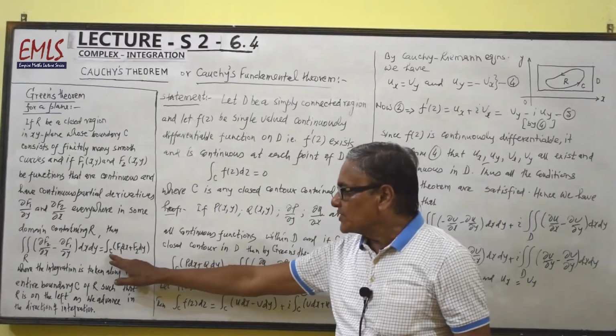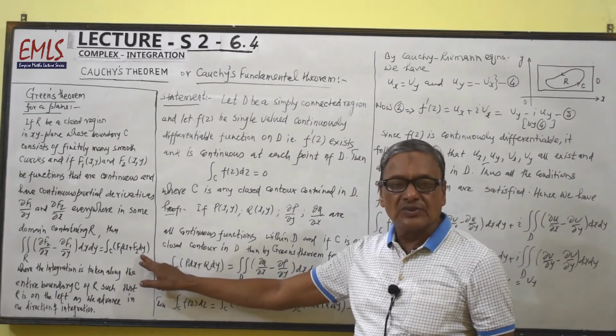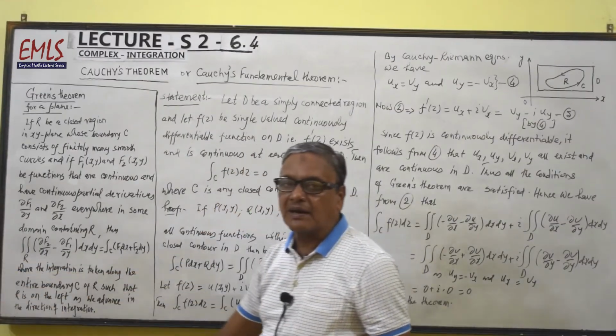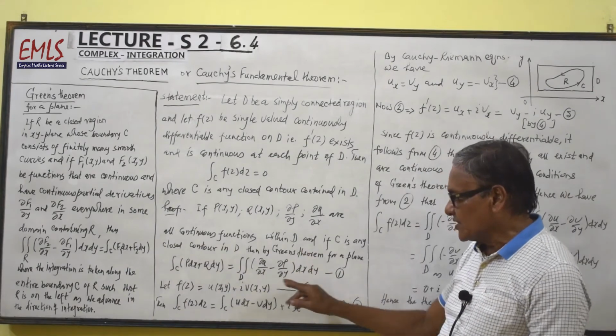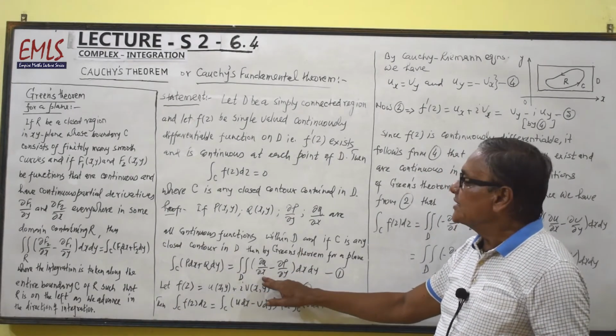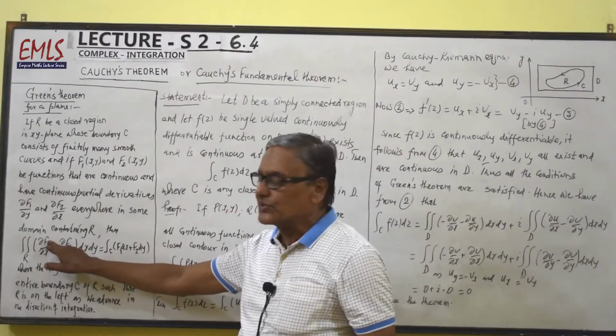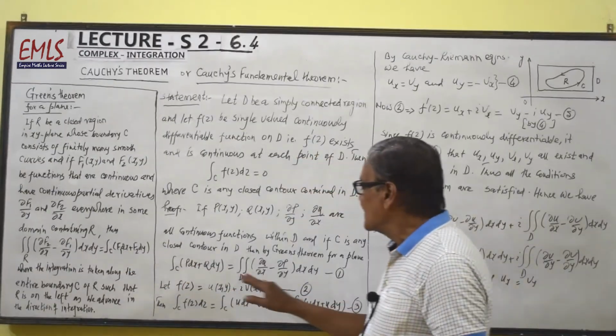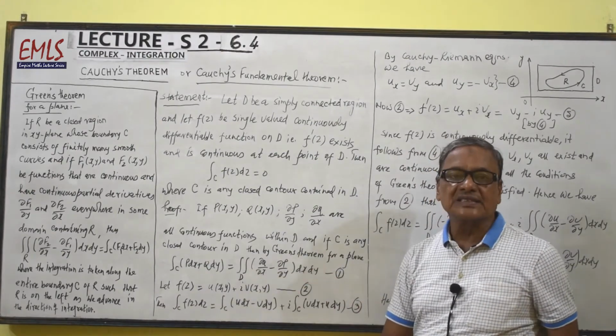So the integral over C of P dx plus Q dy will be equal to the surface integral over R. Here R is D, so it is the surface integral over D of del Q/del x, since f2 is Q, minus del P/del y, since f1 is P, dx dy.